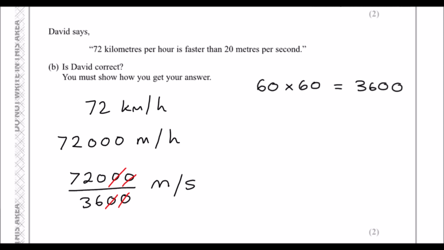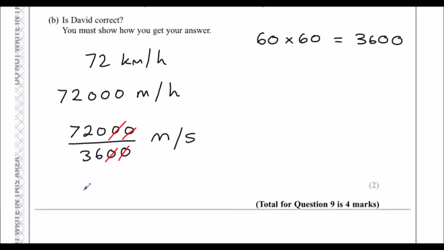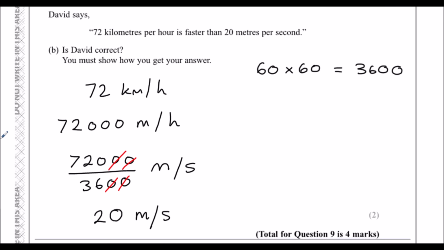That's actually 2. So this is actually 20 meters per second. Dividing top and bottom by 36 gives us 20 meters per second. So is David correct? Well, it's not faster, it's the same. So no, 72 kilometers per hour is equal to 20 meters per second.